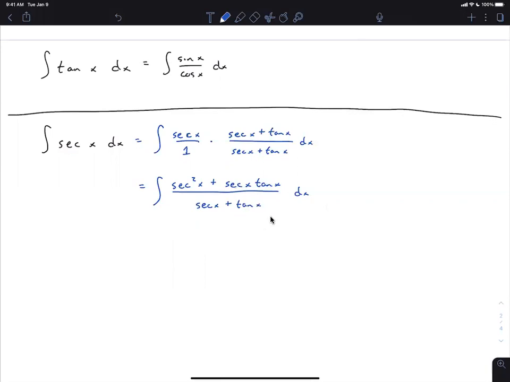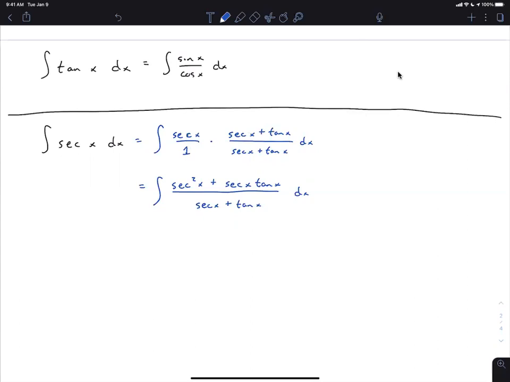Do you factor out the secant on the top? You don't do that, but you could. That would get us back up here. U equals secant. U equals not just secant. Can you separate them? You could, but you don't want to.